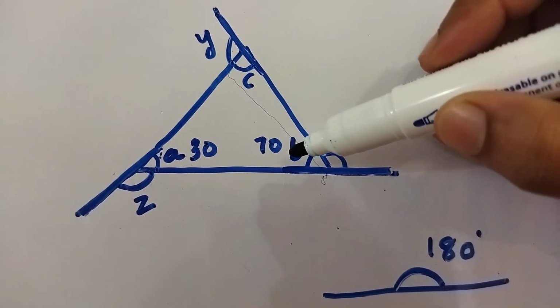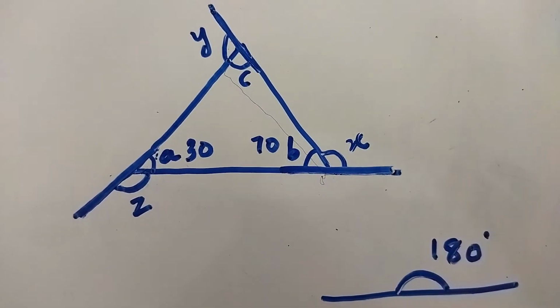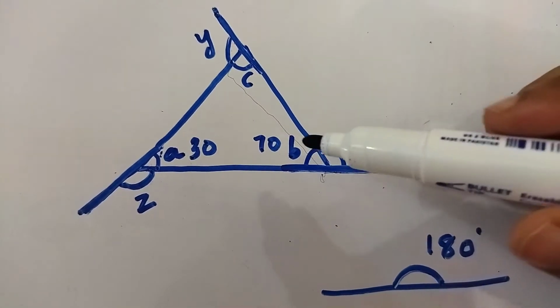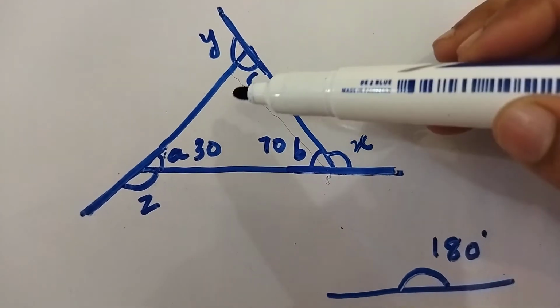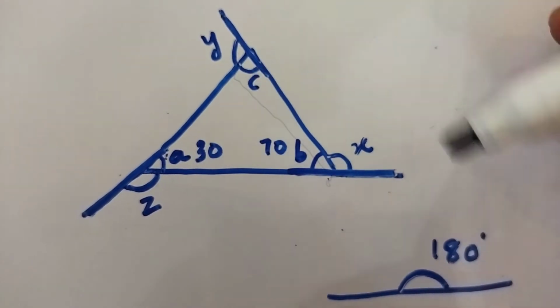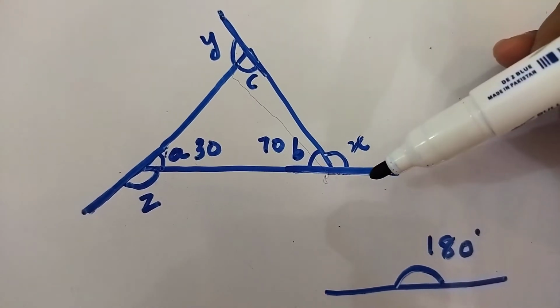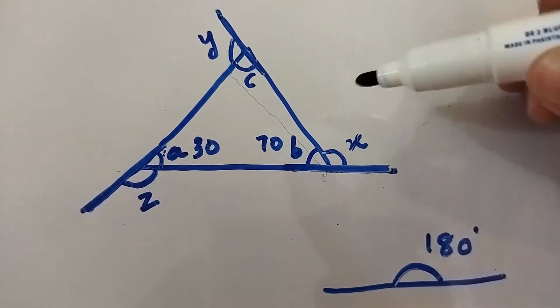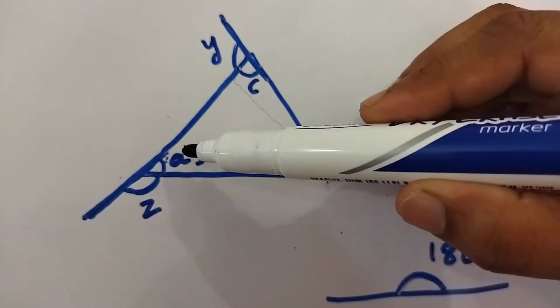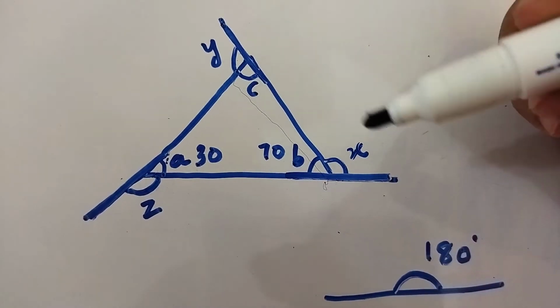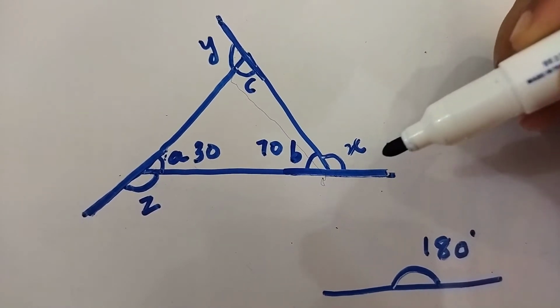We will not consider the adjacent interior angle next to this X, but we'll consider the opposite interior angles to find out the angle X, that is the exterior angle. Okay? We need to add the opposite interior angles in order to find this exterior angle.